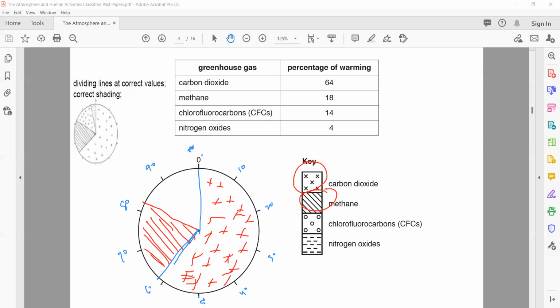After that, you have chlorofluorocarbons. How much are they? 14. So this comes here 82, 82 to here 8, 8 and 6 more, 96 somewhere here. And this is left, that is nitrogen.